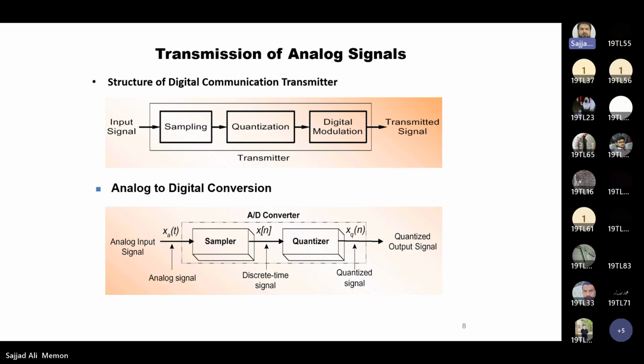Then we have this conversion for the analog signals, or the transmission of analog signals can be done through the digital communication transmitter through conversion using three steps.